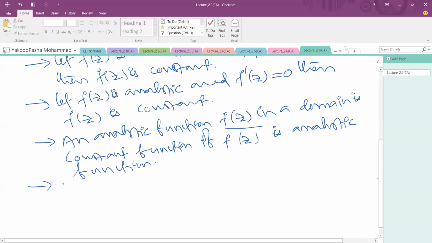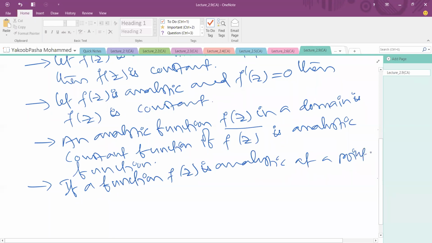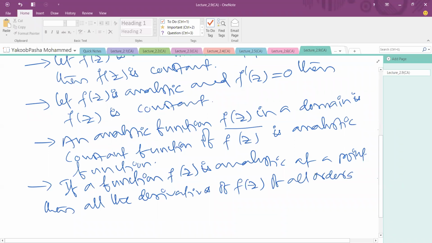That means if a function f of z is analytic at a point, then all the derivatives of f of z of all orders are also analytic functions at that point.